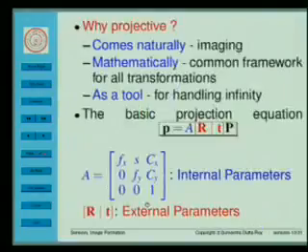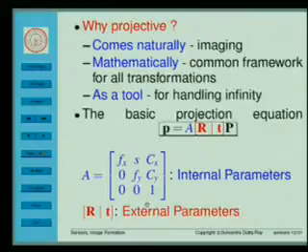Essentially I can describe a camera by this matrix. This is a projection matrix. If I have a 3D world point and a 2D point in an image, this camera projection matrix governs the process of imaging. We have a loss of dimensionality.